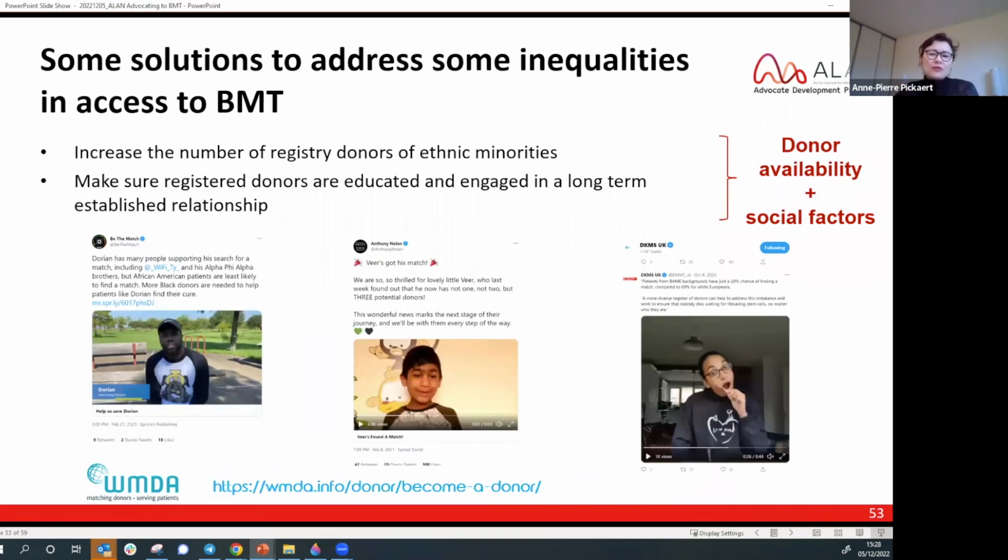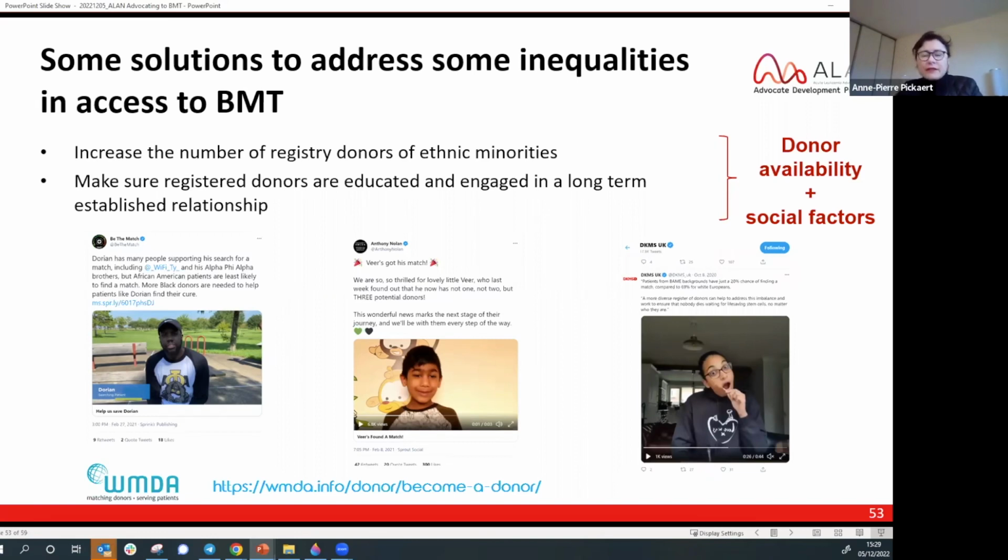So here are some visuals. You're probably familiar with Be the Match in the US. This is the organization that runs all the awareness campaigns and the bone marrow recruitment campaigns for the national registry program in the US.